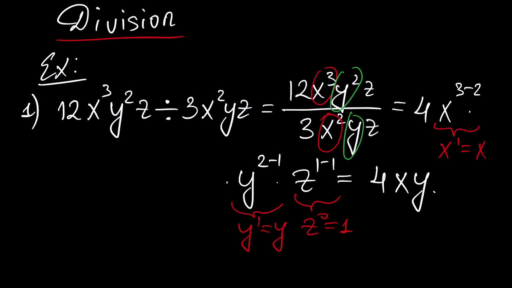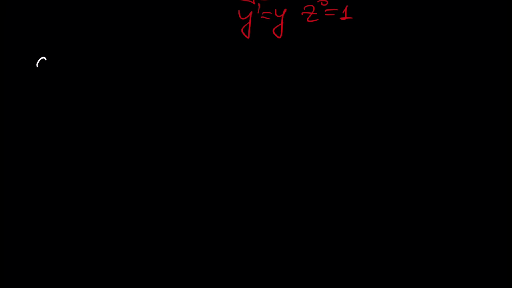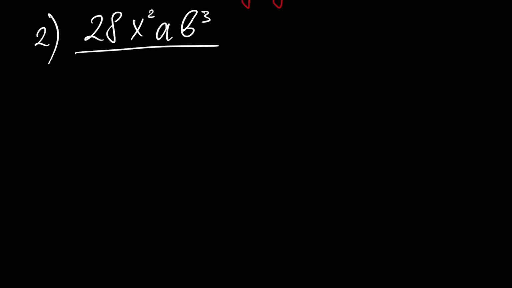Another example of division of monomials, second example: 28x squared a times b cubed divided by 4x b cubed. In this case, 28 divided by 4 is 7.